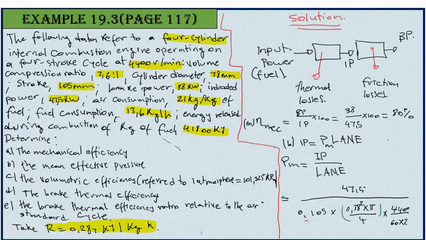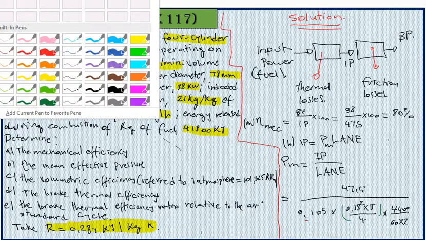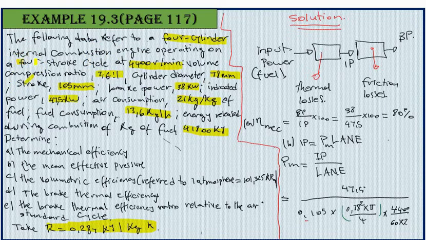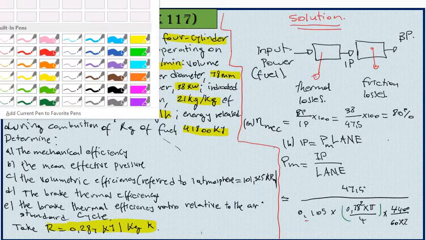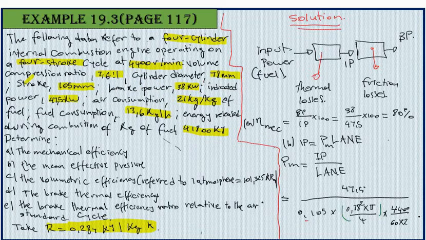So never confuse 4-stroke and 4-cylinder. They are not the same. 4-stroke means the firing stroke occurs in 2 revolutions of the shaft. 4-cylinder is just the number of cylinders. So we are going to multiply this by 4.